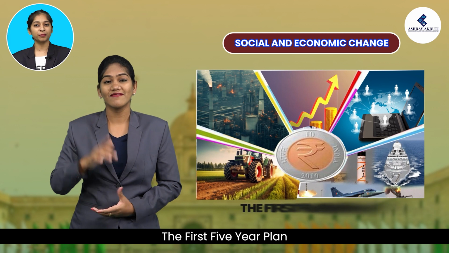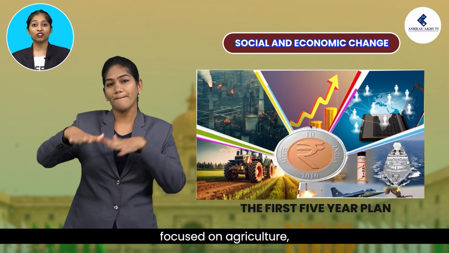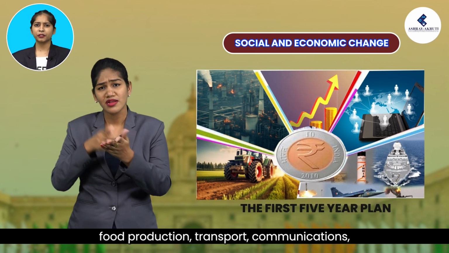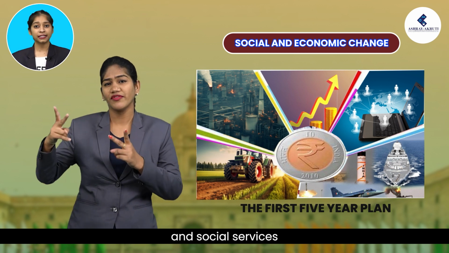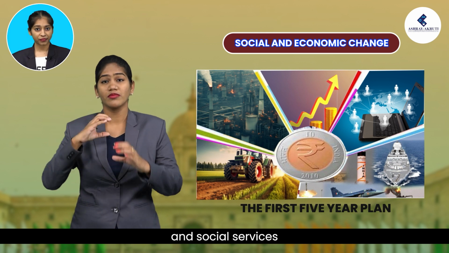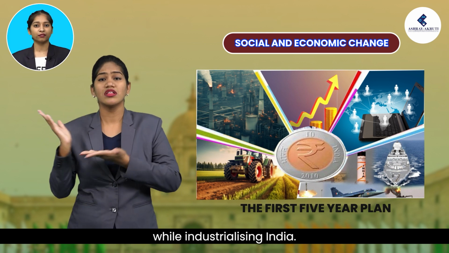The first 5-year plan focused on agriculture, food production, transport, communications and social services, while industrializing India.